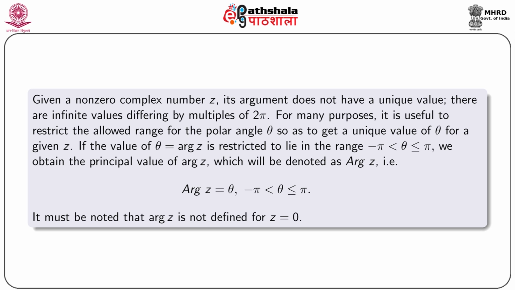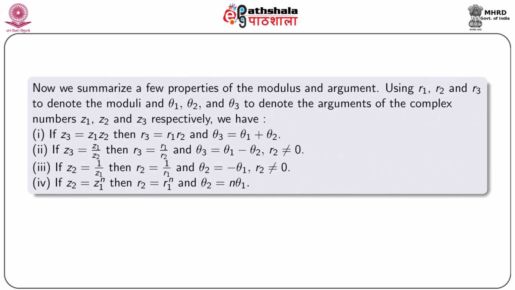That is, capital Arg z is equal to theta, where theta varies from minus pi to plus pi and theta may be equal to pi. It must be noted that small arg z is not defined for z equal to 0.